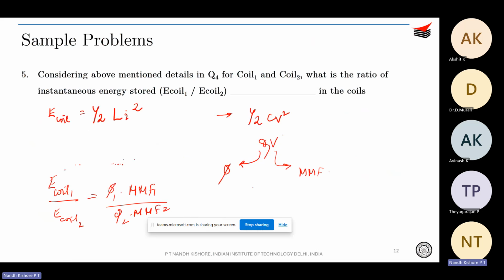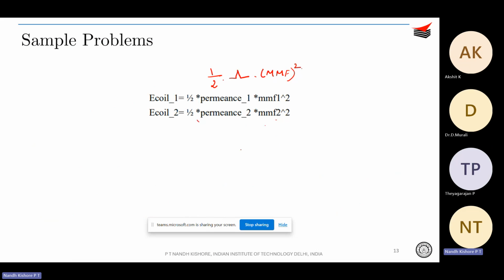And the next question was, what is the ratio of the energy stored? So obviously you would know that E is proportional to phi into MMF. So you can take the ratio of that, or you know that E is equal to half Li square, or that is equal to half into permeance into MMF square.